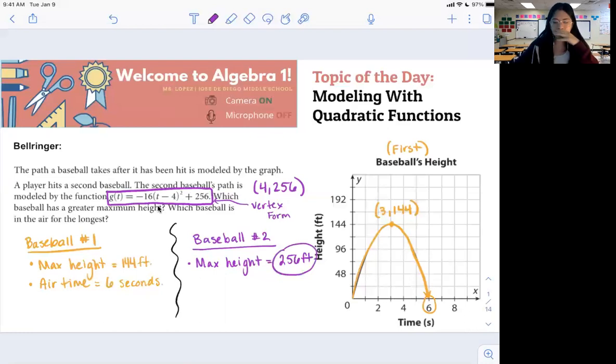But for now, we can estimate it a little bit because we know that this graph has a vertex at 4, 256. So it's somewhere way up here, right? And a is negative 16. So what does a tell me about the graph?